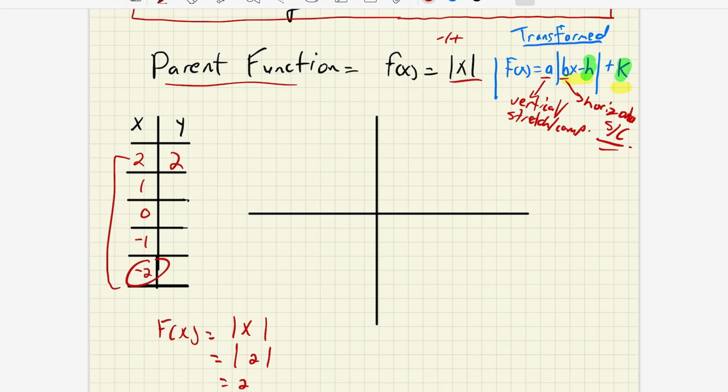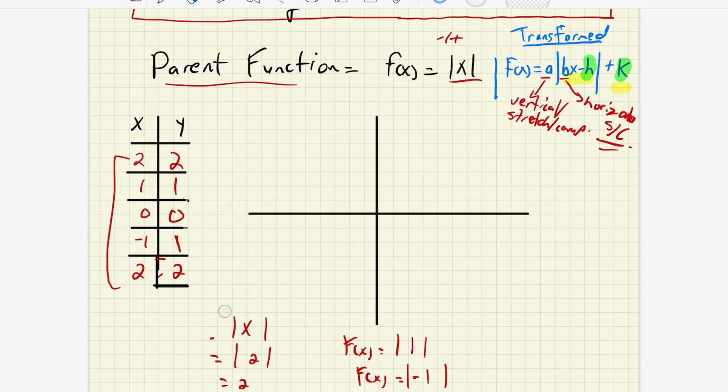So whatever the x input is, whether it's positive or negative, your y is going to be that value. So f at x equals absolute value 1 is 1, absolute value 0 is 0, and f at x is equal to absolute value -1 is really just going to be 1 if we neglect the negative. So this is our parent function table.